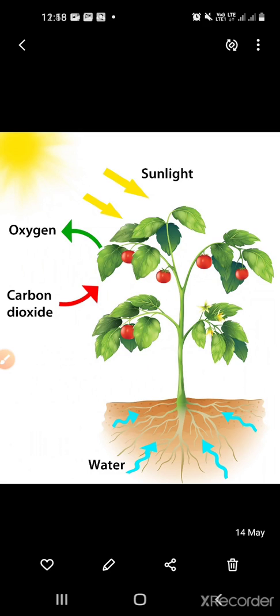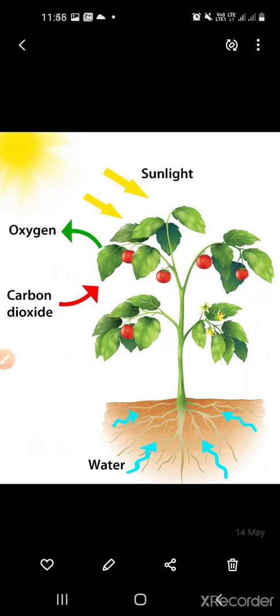How? With the help of the diagram you can see here, this is the sunlight, right? In the presence of sunlight, the leaf takes carbon dioxide and water from the root, then makes its food and releases oxygen and glucose, right? Photo means light and synthesis means putting together.